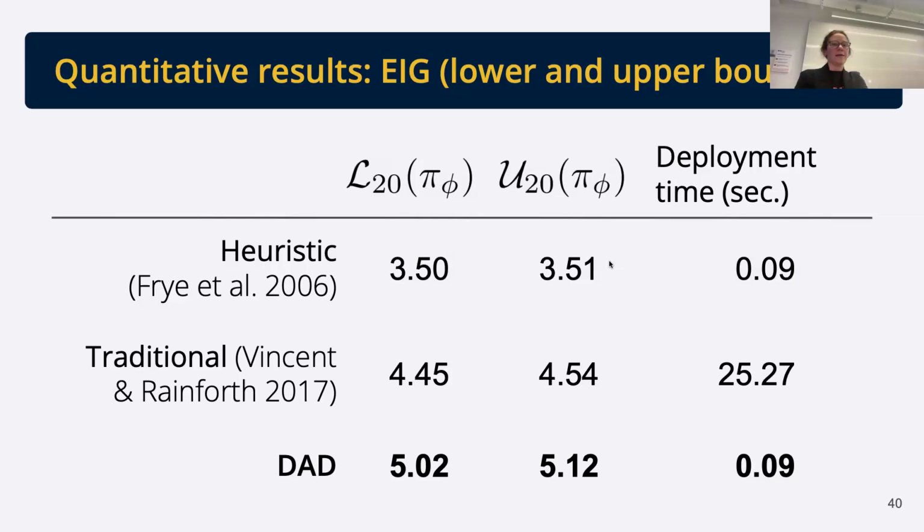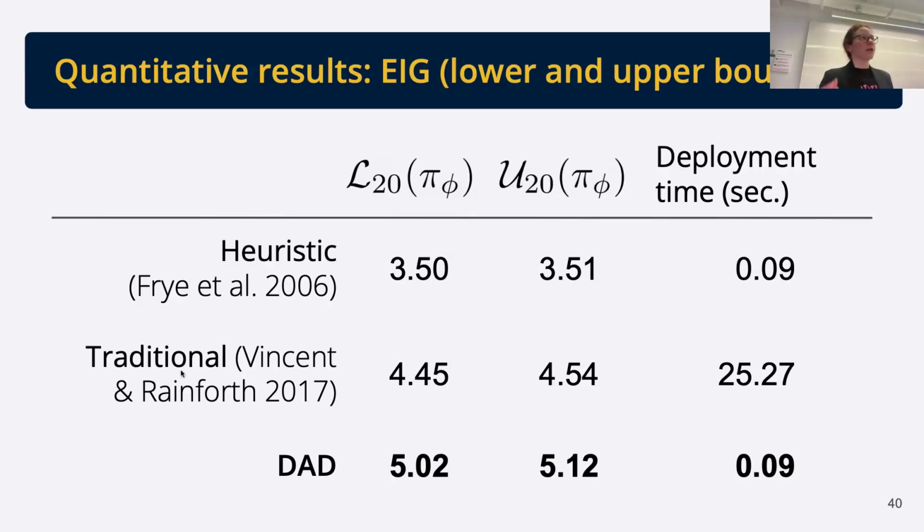The top one, as I mentioned, the heuristic approach, is very quick to deploy, right? It takes well under a second to run. Again, it's a script that you read off, and it achieves an information gain of about 3.5 nats.